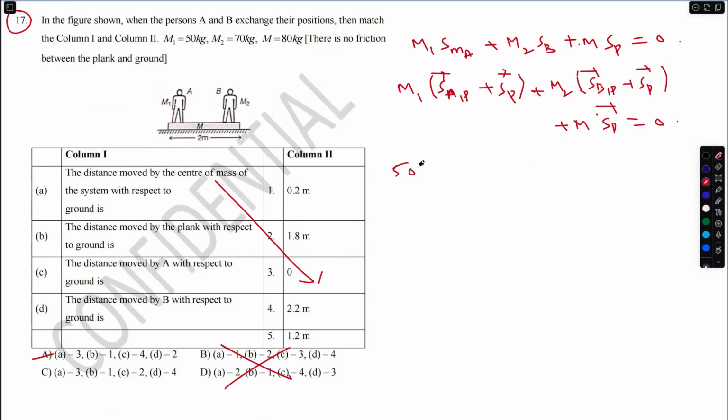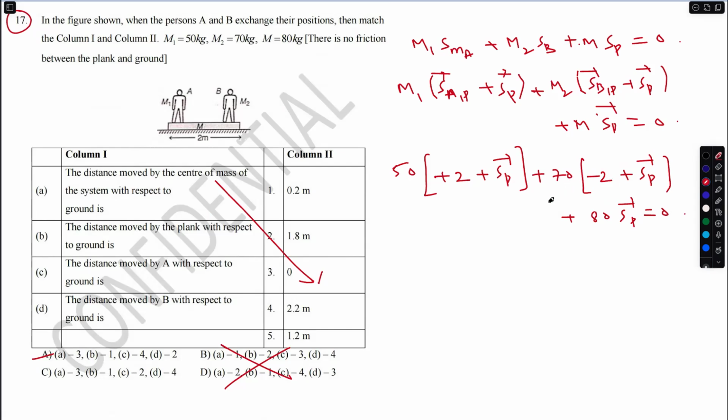M1 is 50, displacement of A with respect to plank is 2 on the other side, plus displacement of the plank. M2 is 70, displacement minus 2 plus displacement of the plank, plus 80 times displacement of the plank equals 0. So 100 minus 140, that is minus 40, plus 50, 70, 120 plus 80, 200 times displacement of the plank.